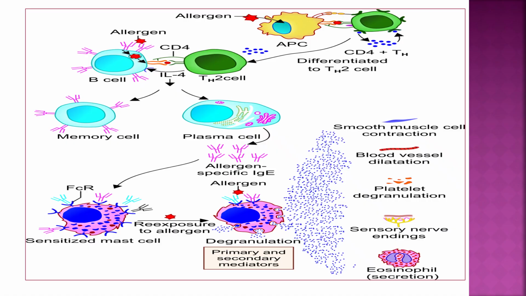The plasma cells produce allergen specific IgE, which sensitizes mast cells. On re-exposure to the allergen, they cause degranulation. Primary and secondary mediators are released and cause smooth muscle contraction, blood vessel dilatation, platelet degranulation, and effects on sensory nerve endings and eosinophil secretion.